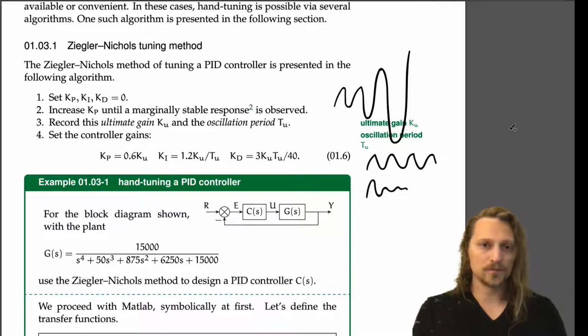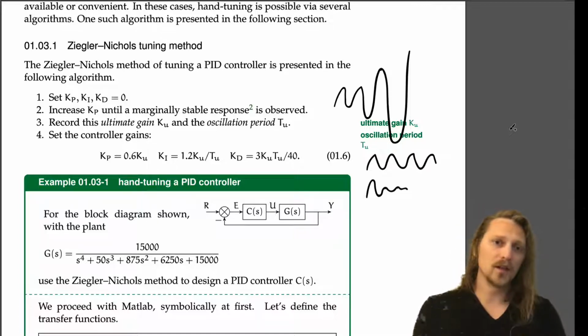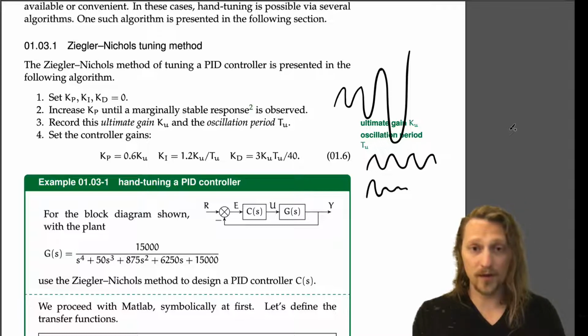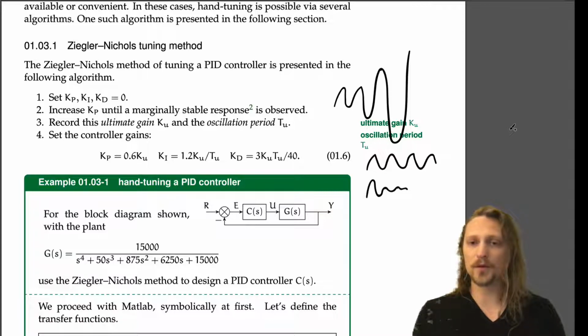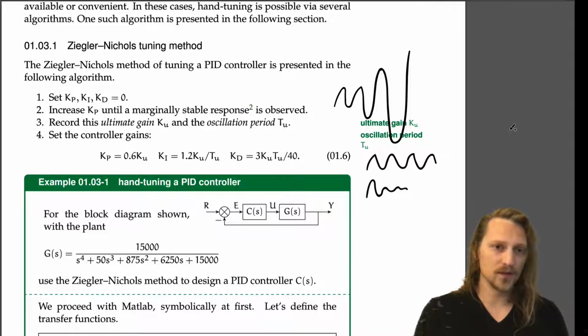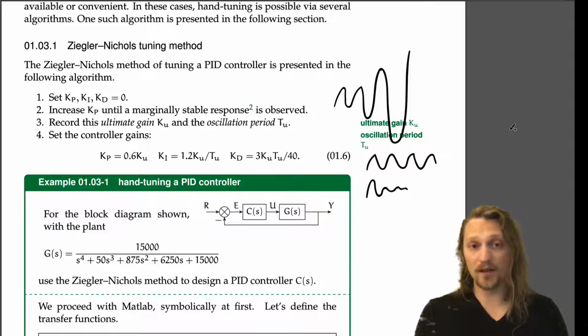We want one that's just staying at some nice steady oscillation amplitude. This can be an initial condition response, a step response, or an impulse response. All these responses will elicit a response where you can visually see if it's stable, unstable, or marginally stable.